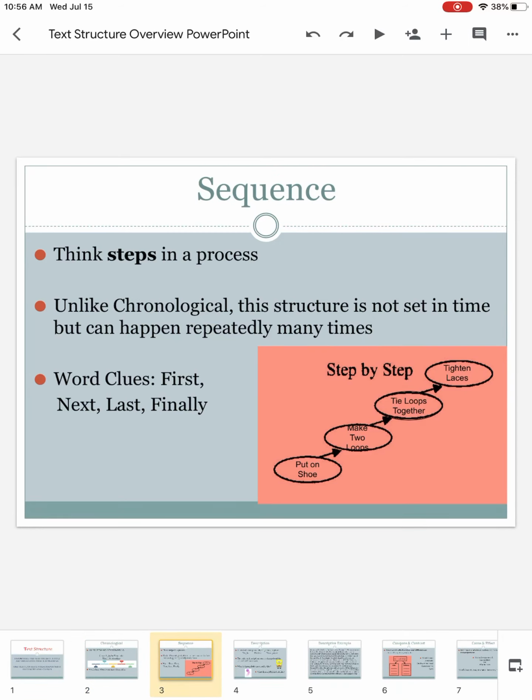Sequence, however, is something that can be repeated. So if I tell you how to make a peanut butter and jelly sandwich, first you need to pick out 2 slices of bread, make sure that they're equal in size. Then you need to get out a jar of peanut butter, a jar of jelly, I prefer grape jelly, a knife for spreading the peanut butter, and a spoon for scooping the jelly.